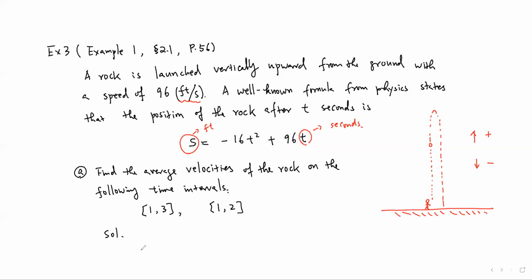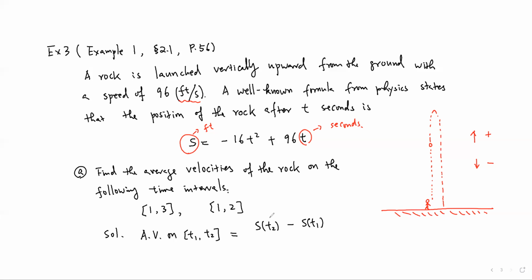The average velocity formula. Average velocity of a moving object on a time interval t1 to t2: the formula is the position at t2, at the right end point of the time interval, minus position at t1.